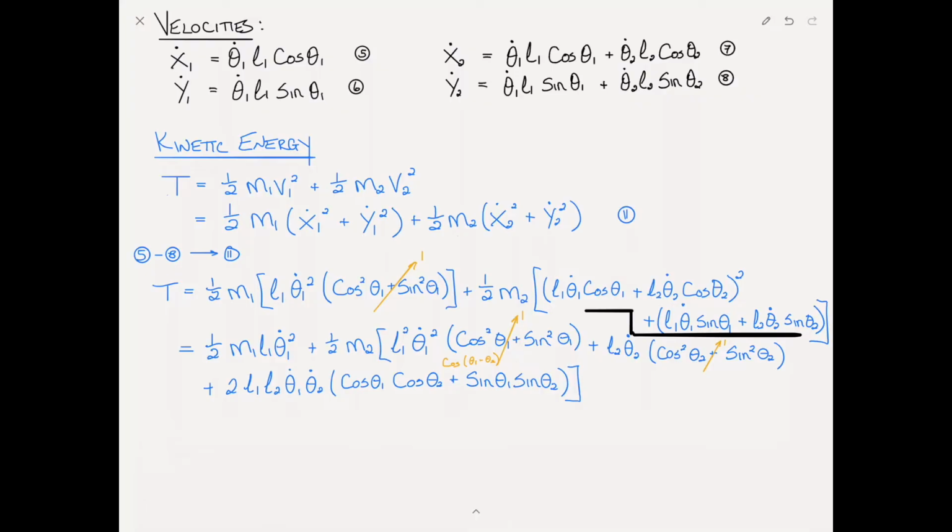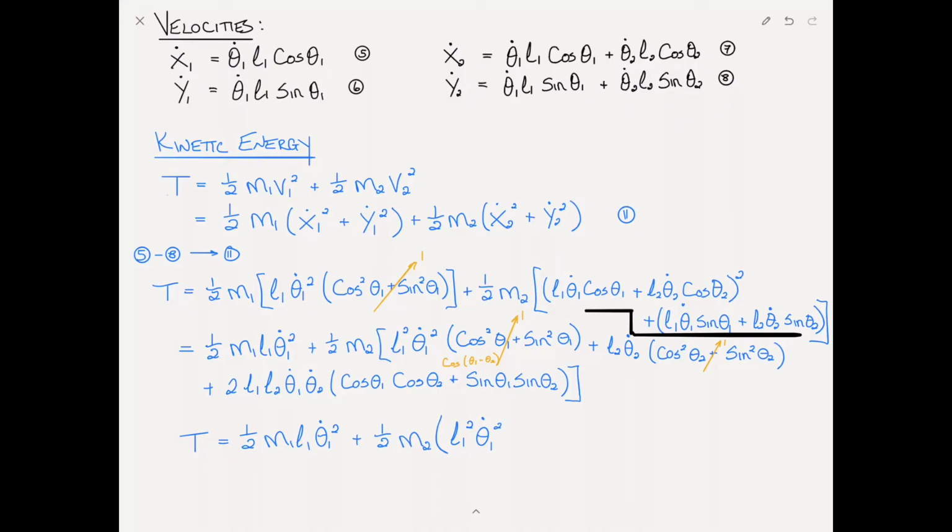All right, I'm going to rewrite it all beautifully now, and it should look right. So finally, my final expression for T looks like this. T is equal to 1/2 m1 L1 theta 1 dot squared plus 1/2 m2 times L1 squared theta 1 dot squared.